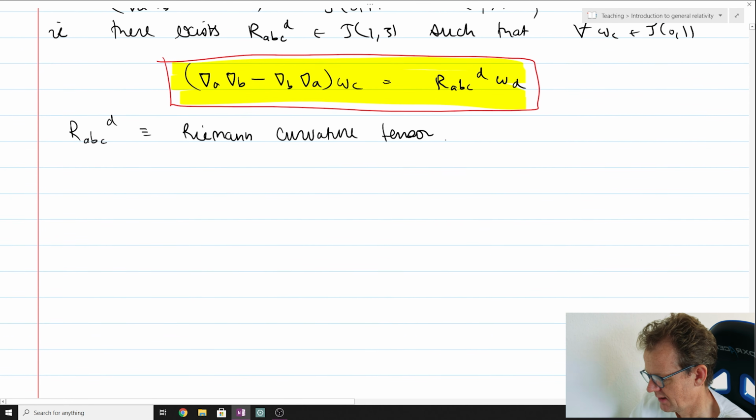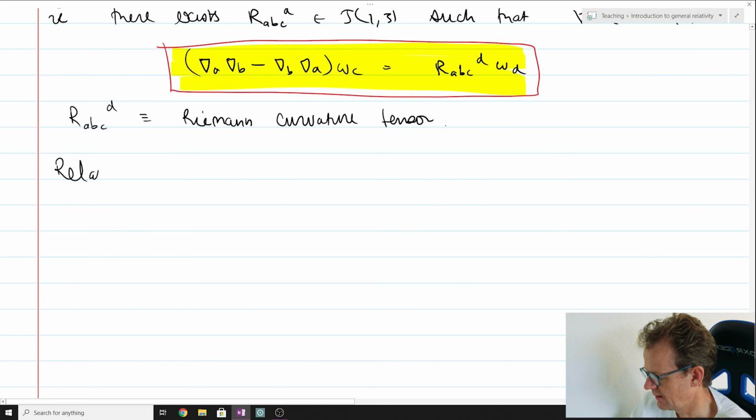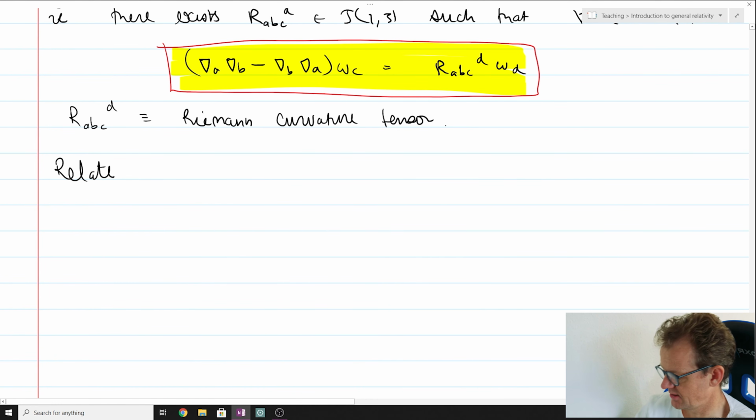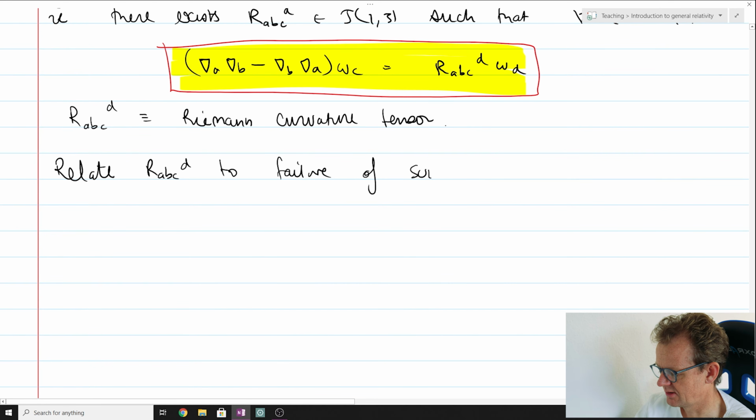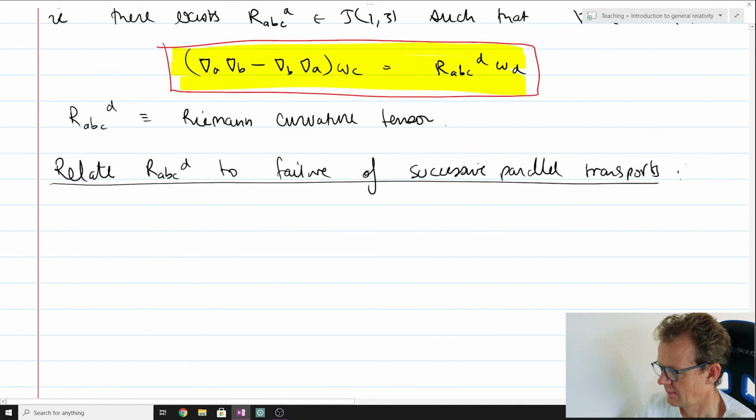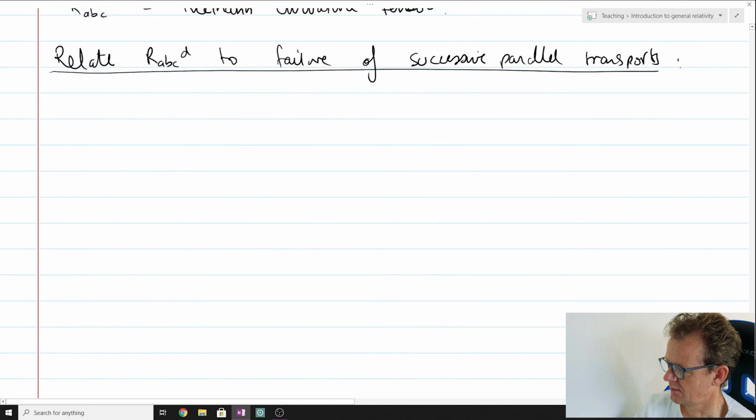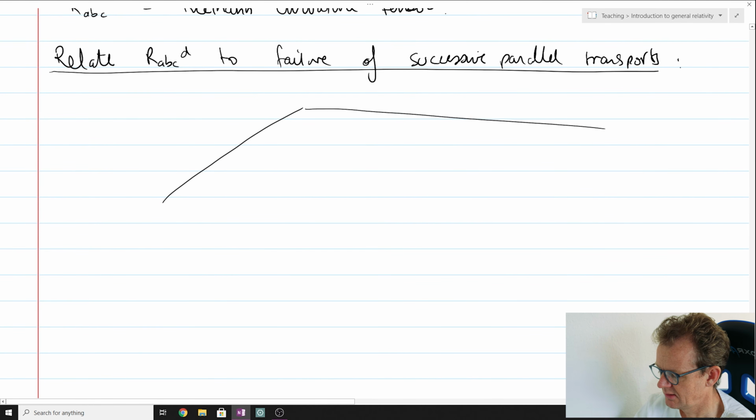I'll give an argument now that will relate R, A, B, C, D to the failure of successive parallel transports. And to do that, I'm going to draw for you a picture to explain this.